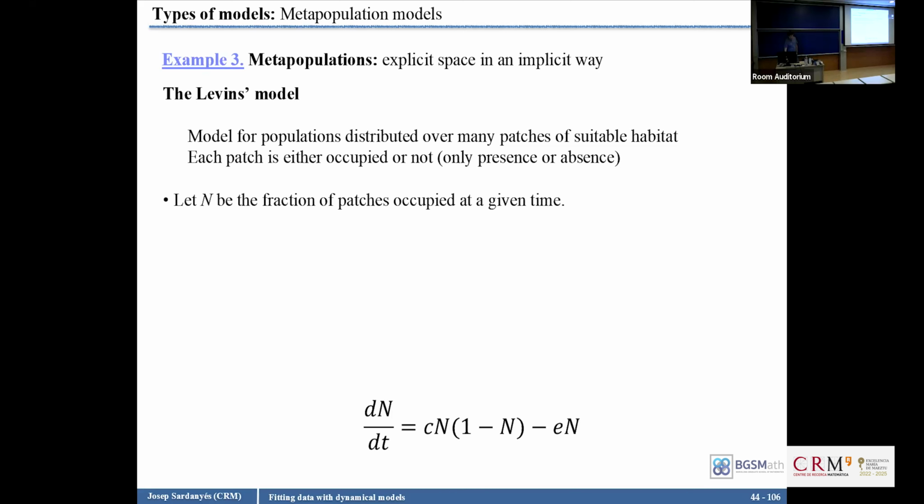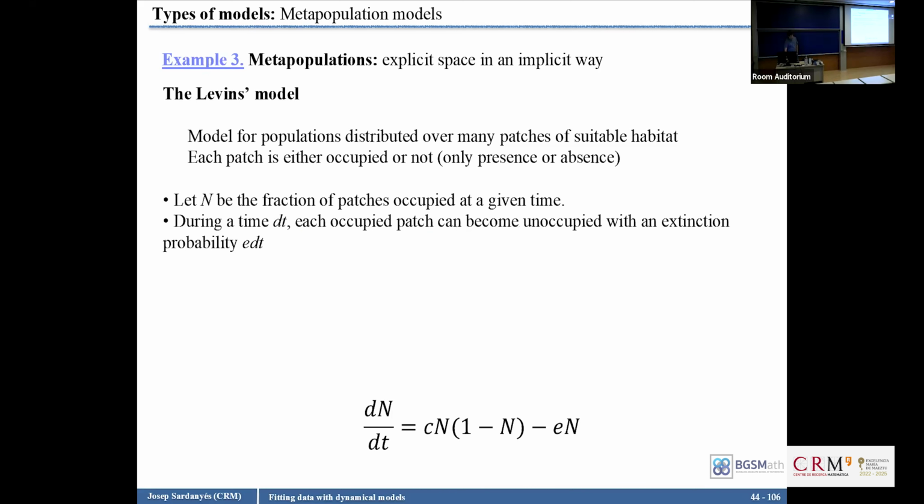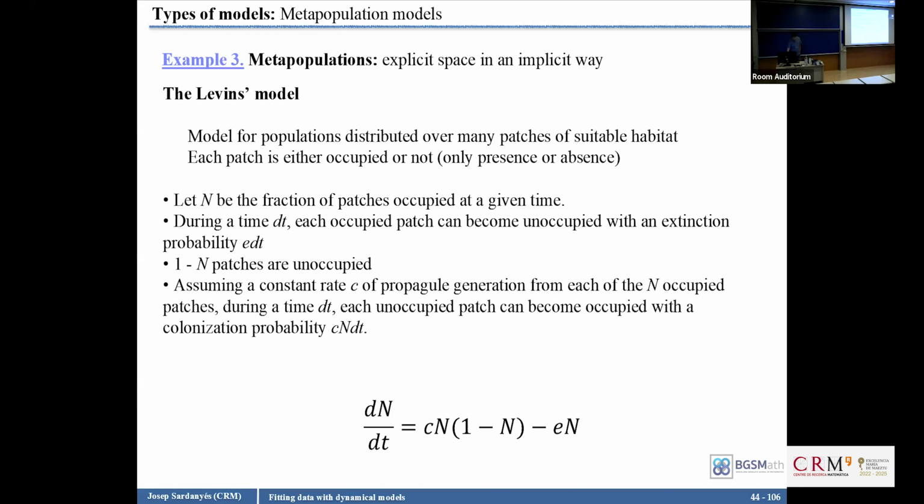This model says that n is the fraction of patches occupied at a given time. During a delta t, each occupied patch can become unoccupied due to an extinction, of course, with probability E times dt. And this is why we use here the logistic equation: 1 minus n are the patches that are not occupied, the normalized fraction of unoccupied patches.